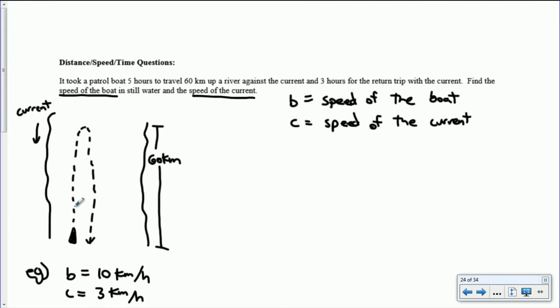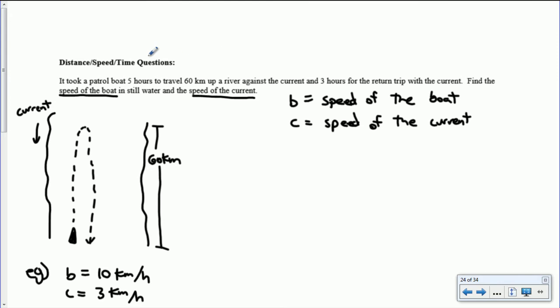So it's 10 minus 3. It's relative motion. And on the way down, they add, so they'd be going 13 kilometers per hour when they go downstream. So it takes them a little less time to go down.